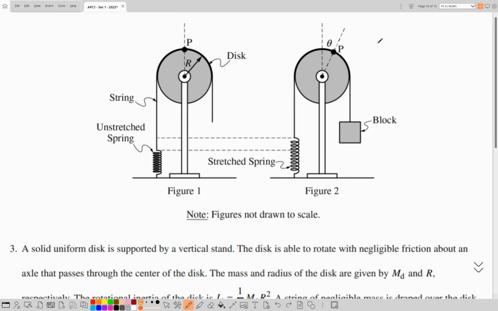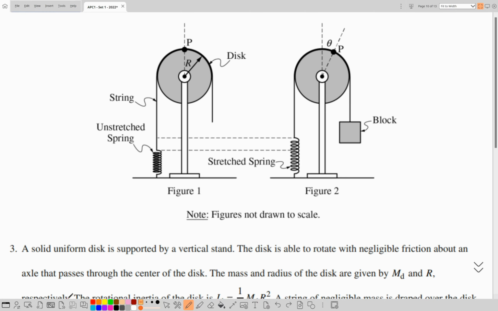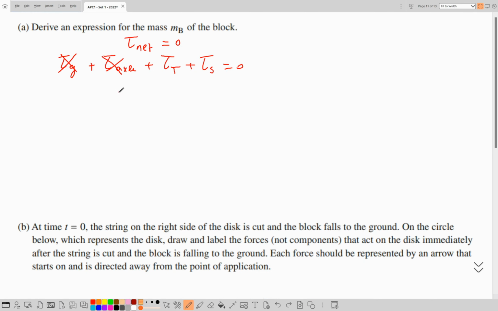Now in both cases, you know that the definition of the torque is force times distance times cosine of the angle between the force and the tangential, but notice that these two forces are applied tangentially, so no need for a projection. Now the force of the tension is equal to mbg, and it provides a torque in the negative direction, and the force of the spring provides torque in the positive direction. Therefore minus mbgr plus the force of the spring multiplied by r is equal to 0.